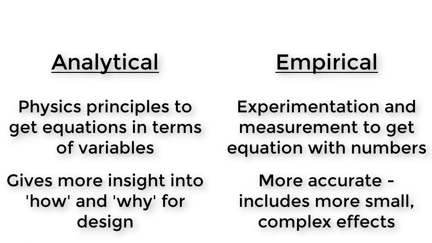In practice, engineers almost always use a combination of analytical and empirical approaches to model a system. For example, suppose we added in the force of damping to our model analytically. We would still need to get a value for B, the damping coefficient. How could we do that?